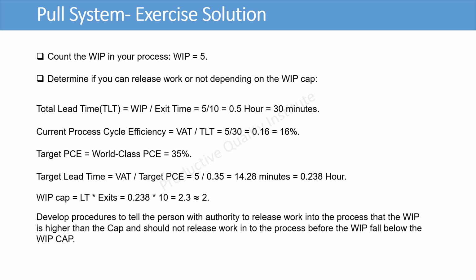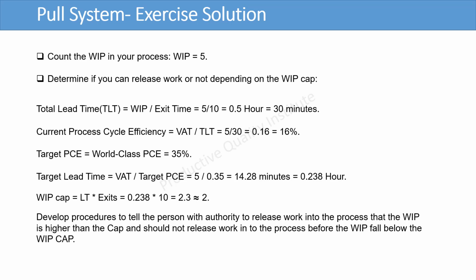Count the WIP in your process. WIP is equal to 5. Determine if you can release work or not depending on the WIP cap. Total lead time, TLT, is equal to WIP divided by exit rate, which is equal to 0.5 hours, which is equal to 30 minutes. Current process cycle efficiency is equal to VAT divided by TLT, which is equal to 16%.